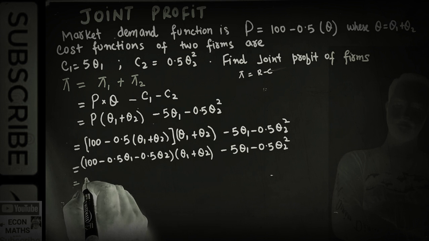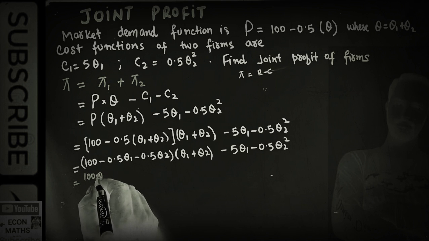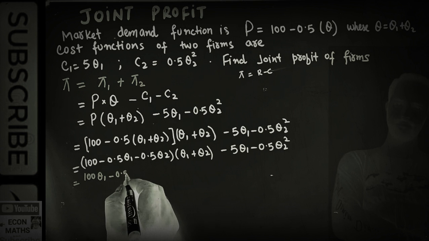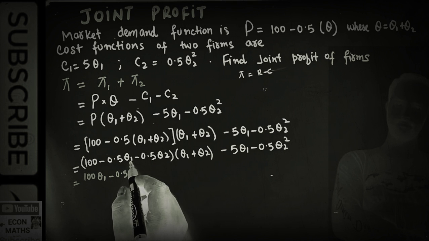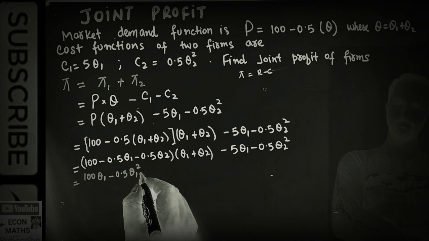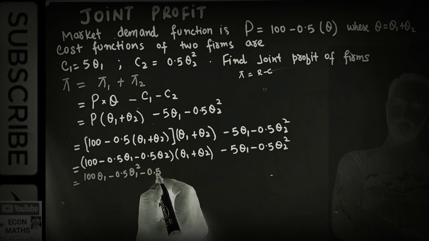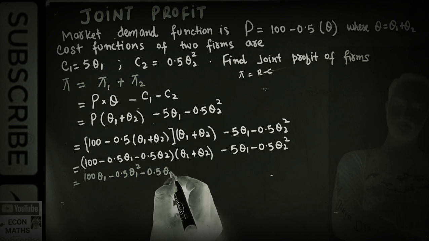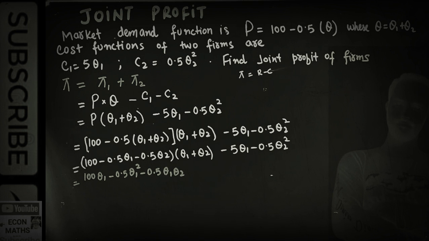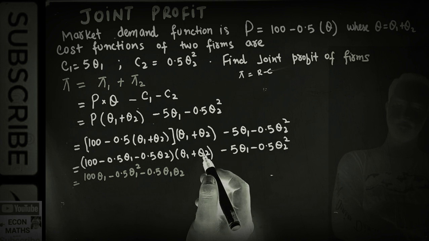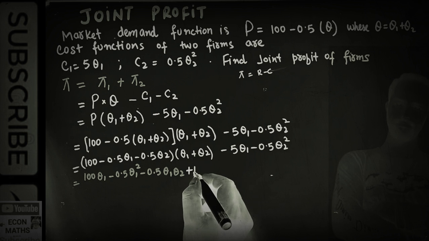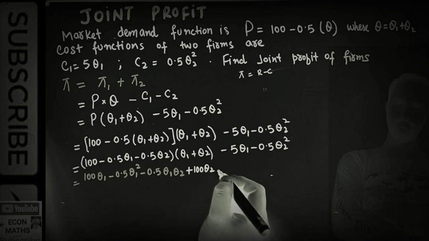100 into Q1 is 100 Q1. Then we have minus 0.5 Q1 square. Then we have minus 0.5 Q1 into Q2. Then we multiply by Q2. So then we have plus Q2 into 100 is 100 Q2.